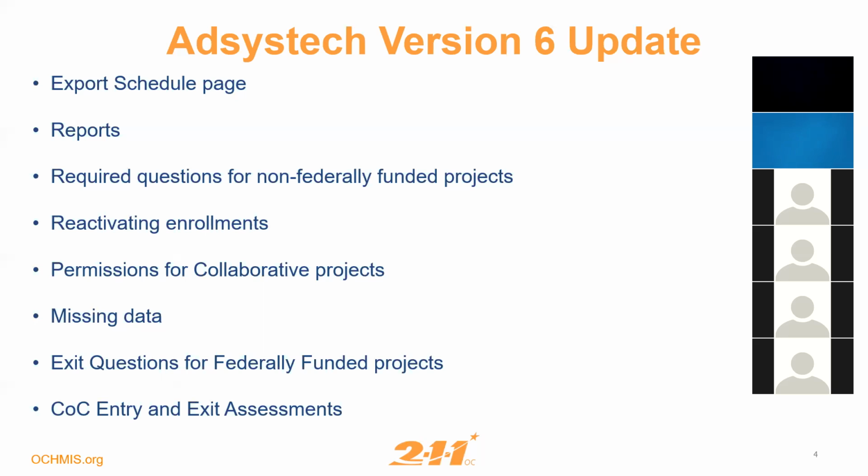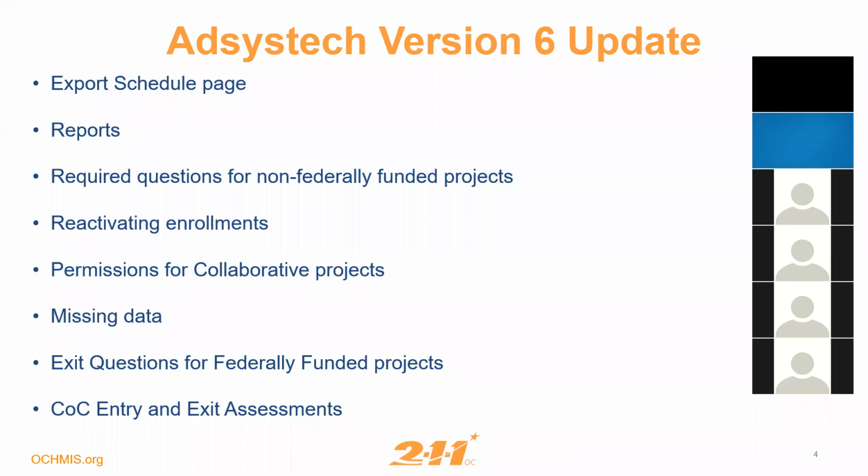Permissions for collaborative projects. So for those of you that are part of a collaborative grant, either the 2 Mercy House collaboratives or Pathways of Hope collaborative, I think those are the only ones. If you are not the grantee for those contracts, so if you're not Pathways of Hope or Mercy House, you are most likely unable to enter new enrollments under those projects or even view existing enrollments for those projects.